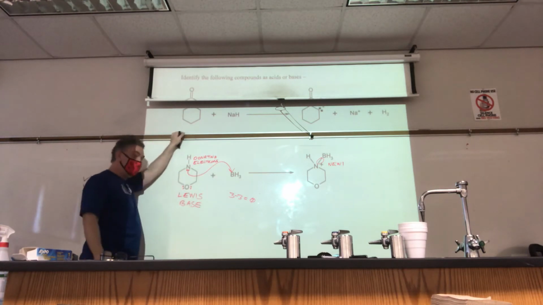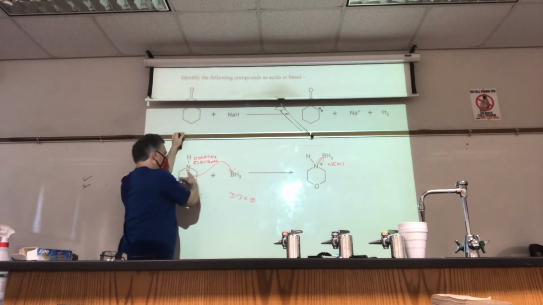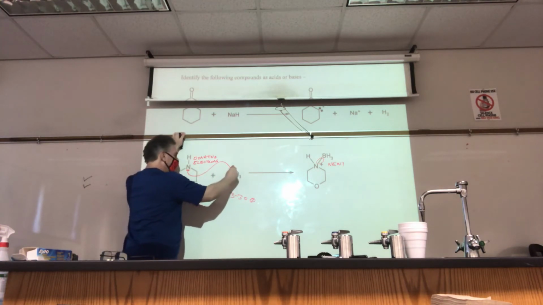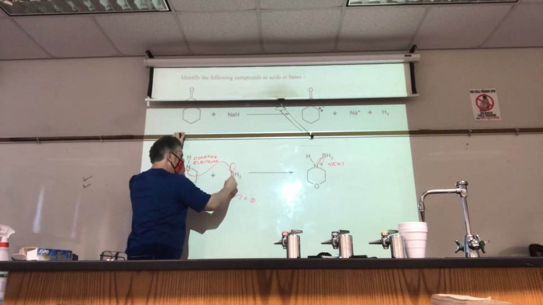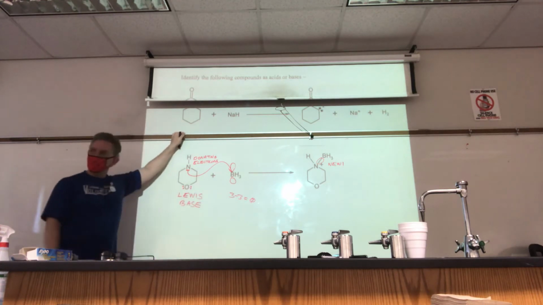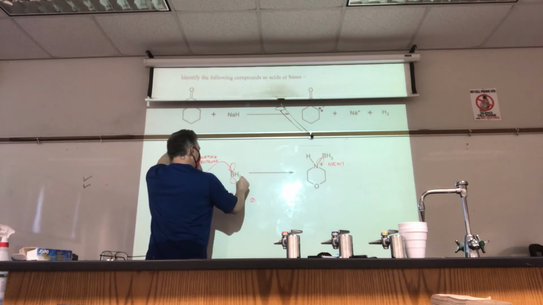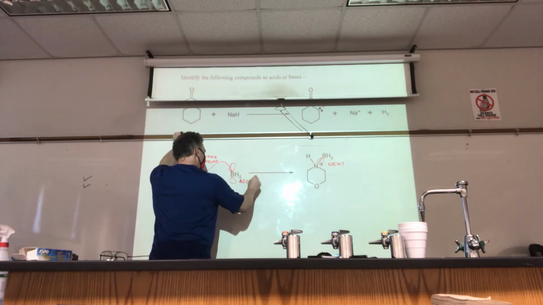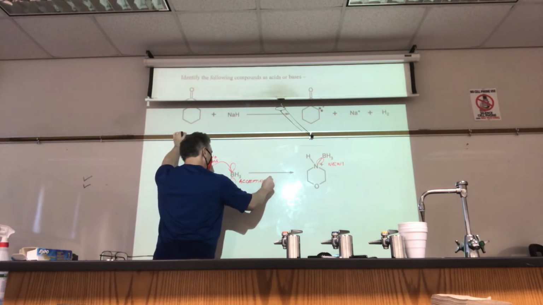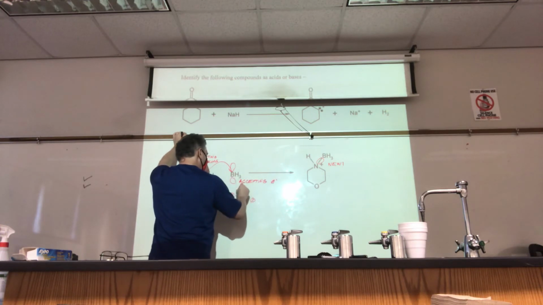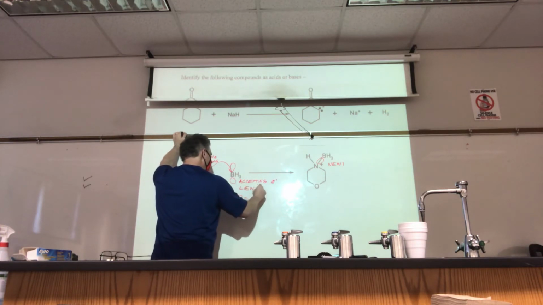The borane, BH3, is happily accepting those electrons, because of course it has an empty atomic orbital where those electrons can fit in. Accepting electrons, that's the Lewis definition of an acid.